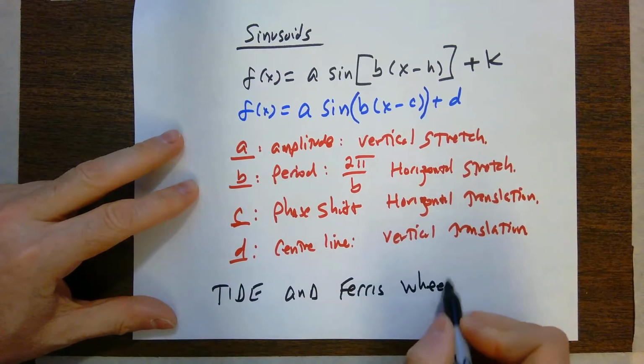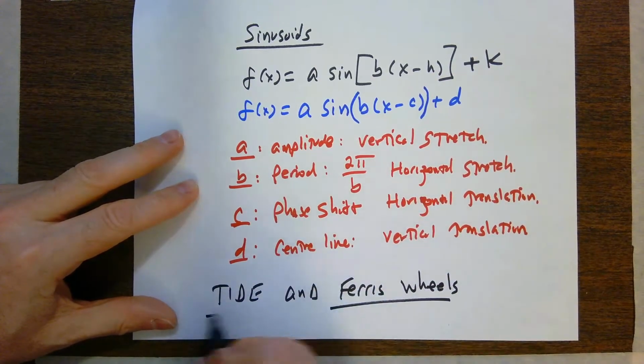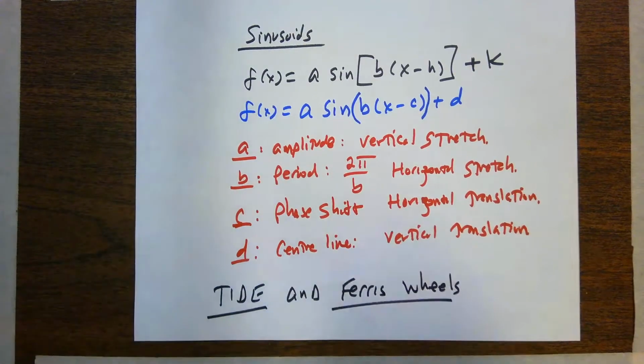There are lots of other types of periodic functions. When you turn on your oven, or if you look at the average temperature over the year, anything in this repeating pattern, going up and then coming down, going up and then coming down, all of those are sinusoidal functions. But the ones we're going to focus mostly on are tides and Ferris wheels.